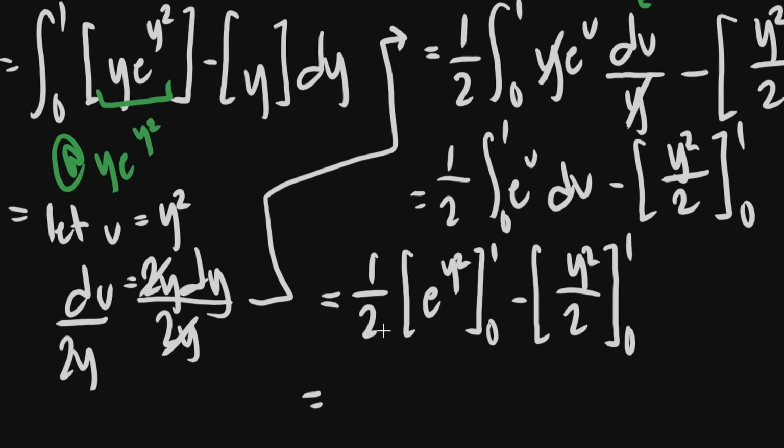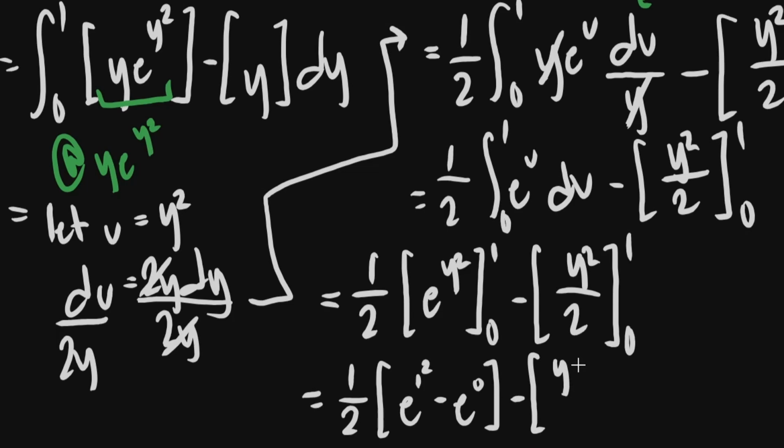So 1/2 times e raised to 1 squared minus e raised to 0, minus 1 squared all over 2 minus 0 squared all over 2. 0 squared all over 2 would be cancelled out.